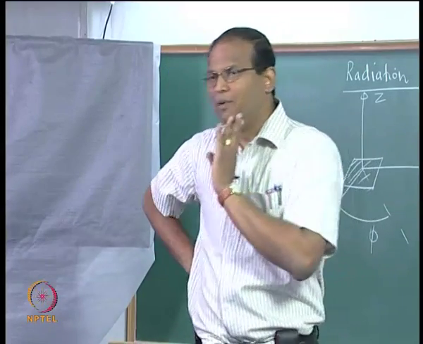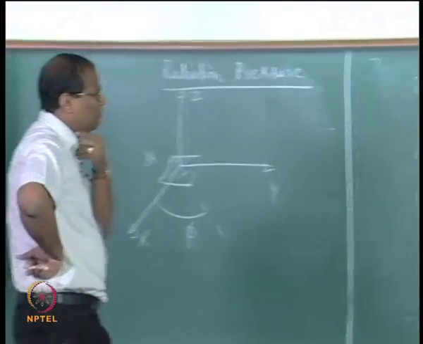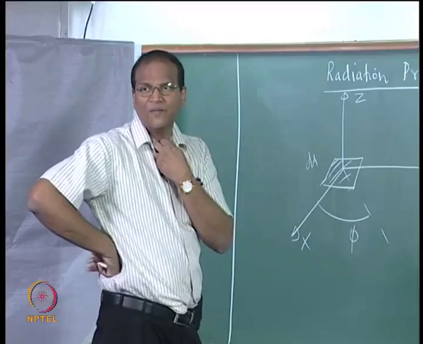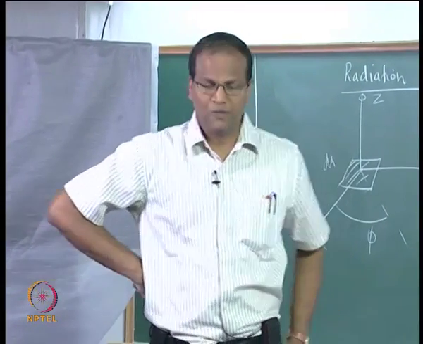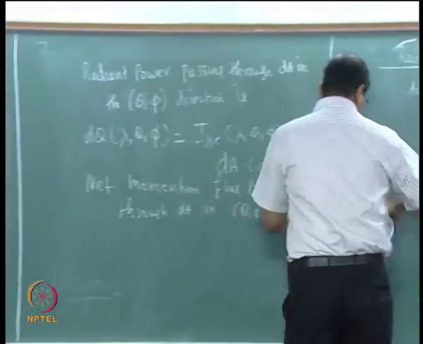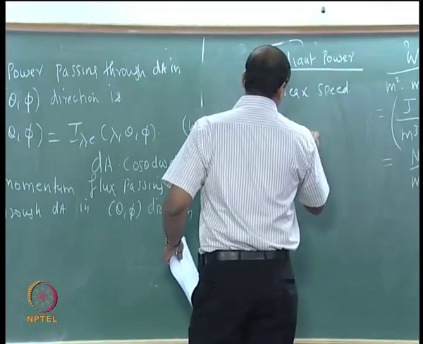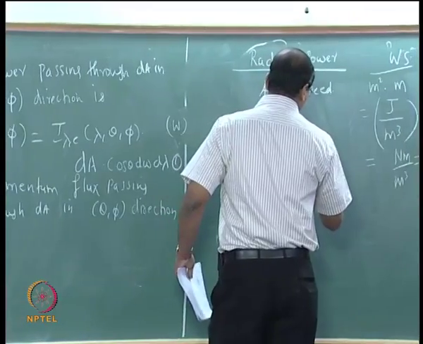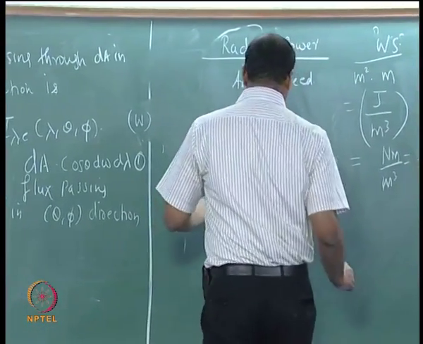So the net momentum flux can be figured out by taking the radiant power and dividing it by area into the speed. Can you do that now? So can I say d psi of two?